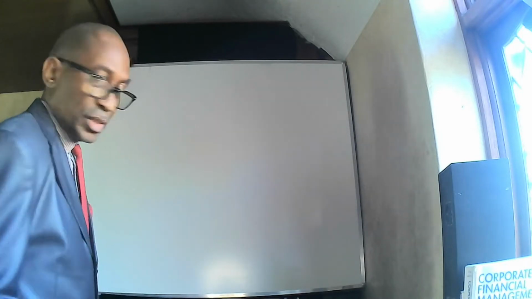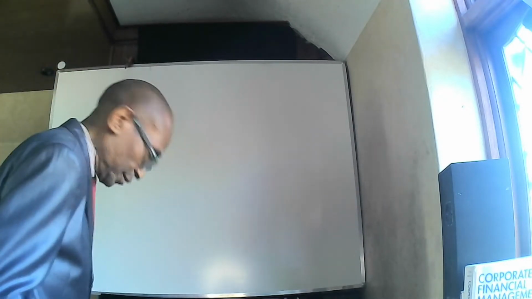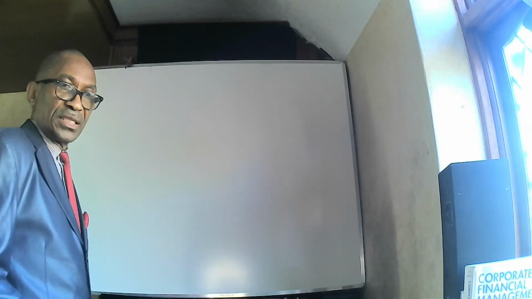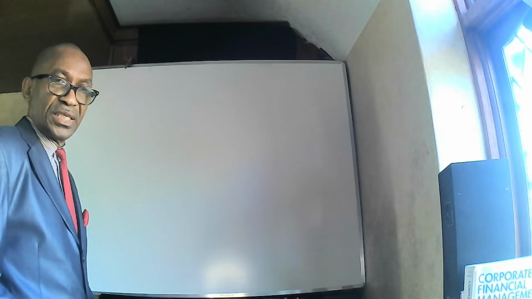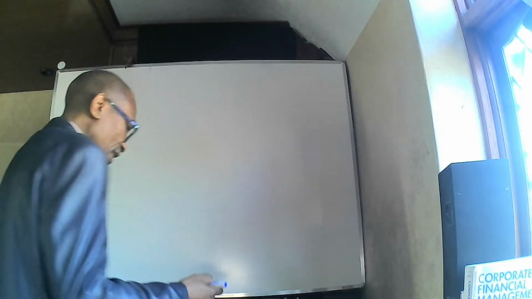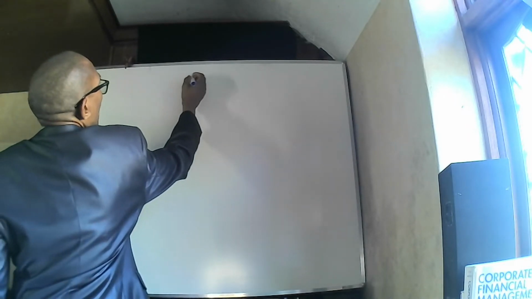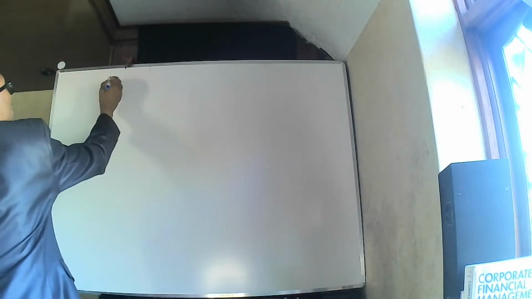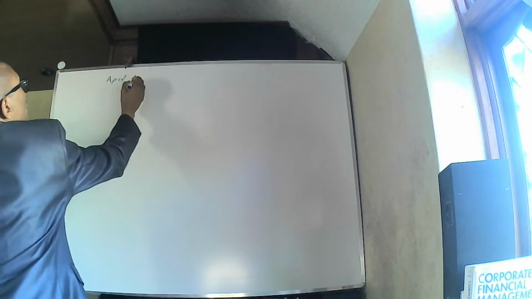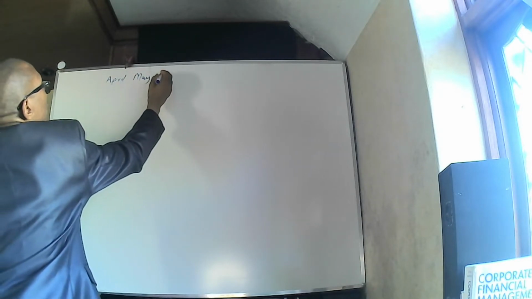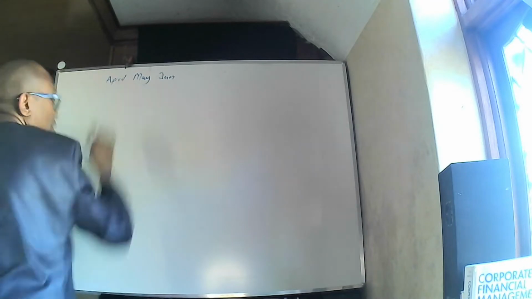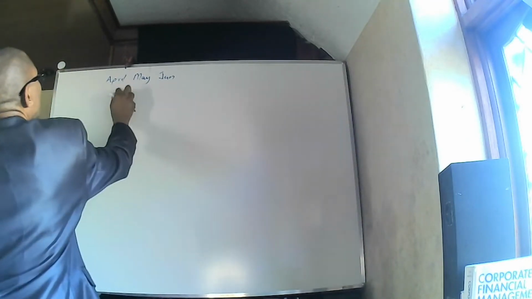Let's begin to extract the vital data that we'll be needing to complete our budget. At Bakers, variable selling and admin expenses are 50p per unit sold. So let's get that done. April, May, June.